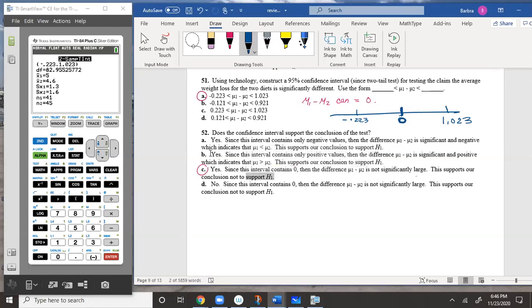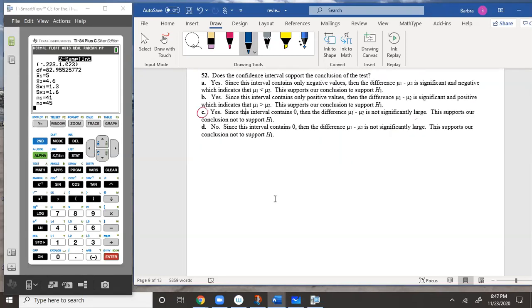Just see that A and B both support the claim, so you definitely want to pick C or D because they do not support the claim. So this interval does support the conclusion of the test because 0 is possible, meaning that the difference is not very large.